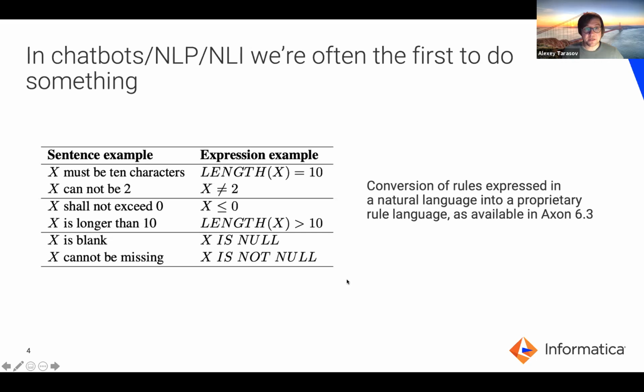And here, again, it's the same example I mentioned in the intro. It's basically just converting natural language, like the sentence examples here, into a particular proprietary language. It's not really interesting. But it's basically just natural language to text.